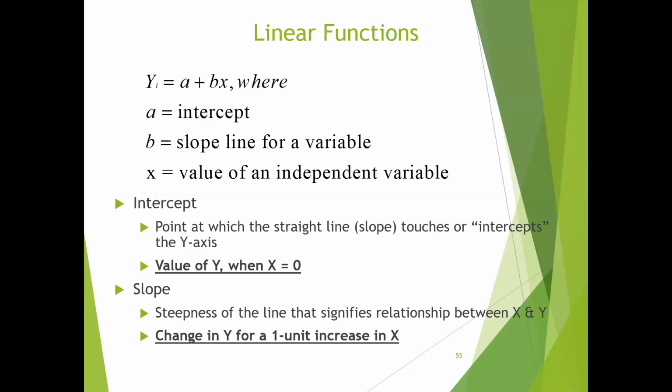Once more, a is called an intercept, b is called a slope, or a value that represents the nature of the relationship between X and Y, and X is the actual value of the independent variable. Now let's pull that all apart. I'm not expecting you to know what this is. I'm just going to introduce this to you and explain it to you as best I can.